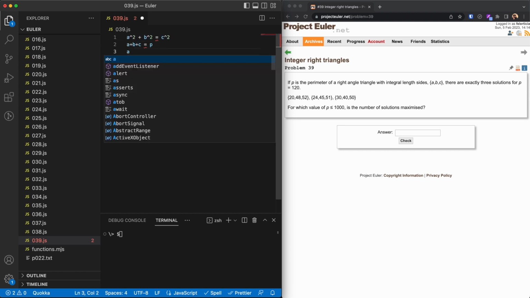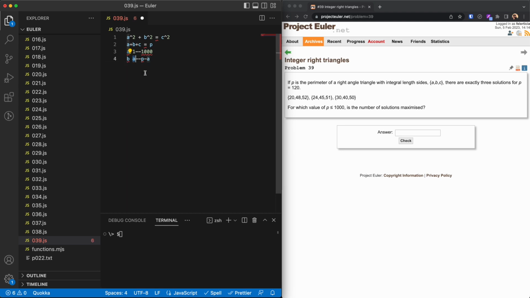We would go for a from, let's say, 1 up to 1000, and then b from a to p minus a.